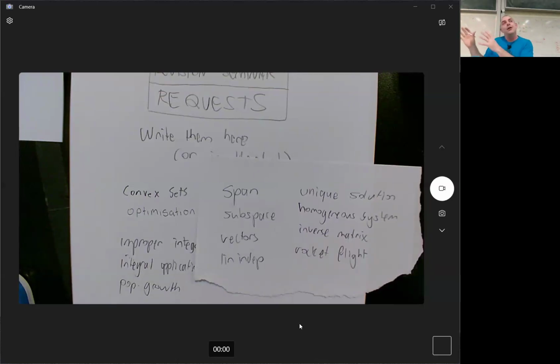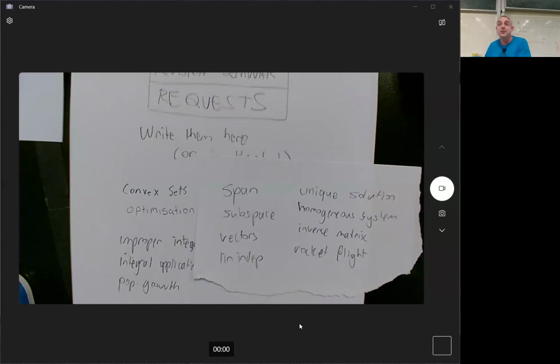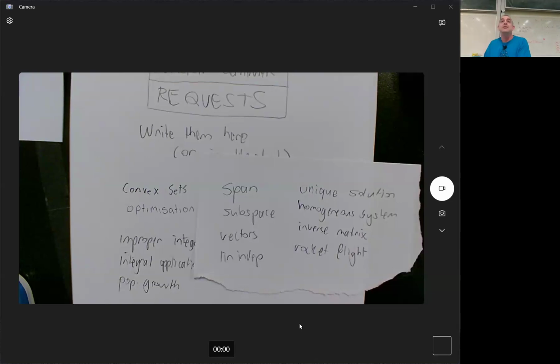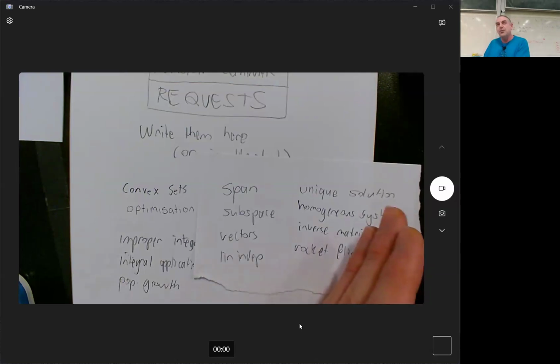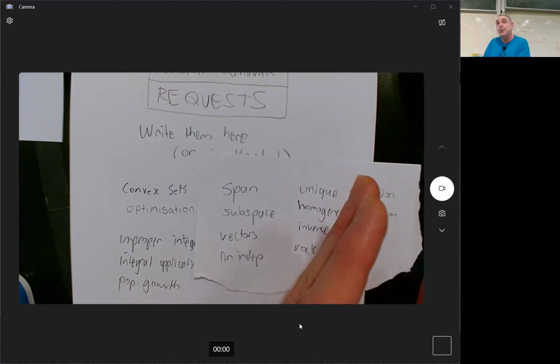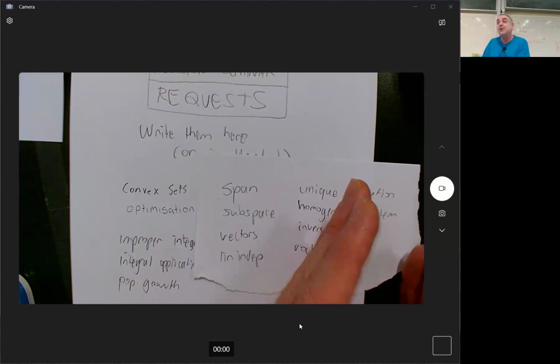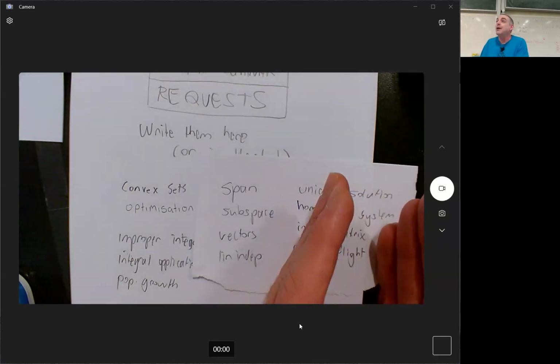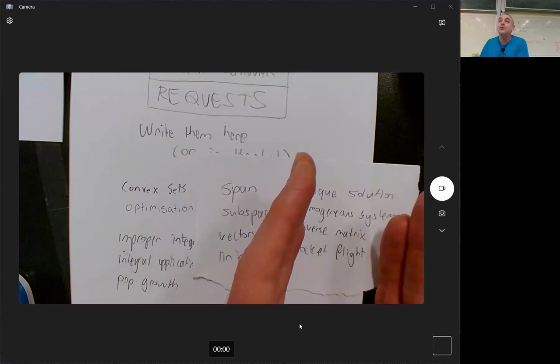I know that they asked you about the rocket flight in one of the Mobius questions, but that doesn't mean they're going to ask you about it in an exam. From most of my experience, from what people tell me about what happens in exams, extremely specific examples in general are not in the exam unless they include all the information that goes in that example in the exam itself.